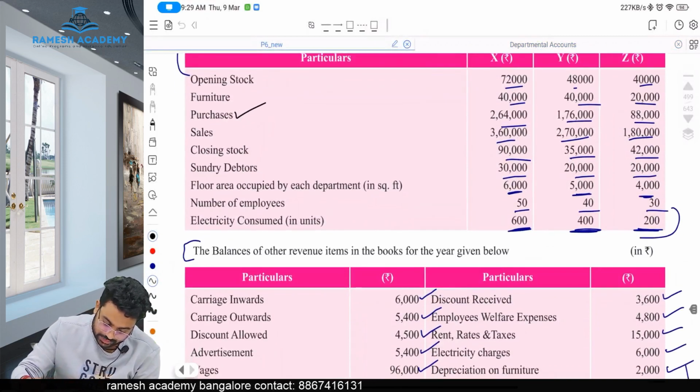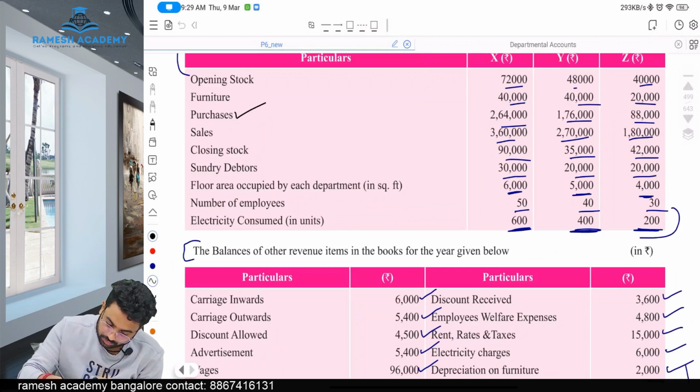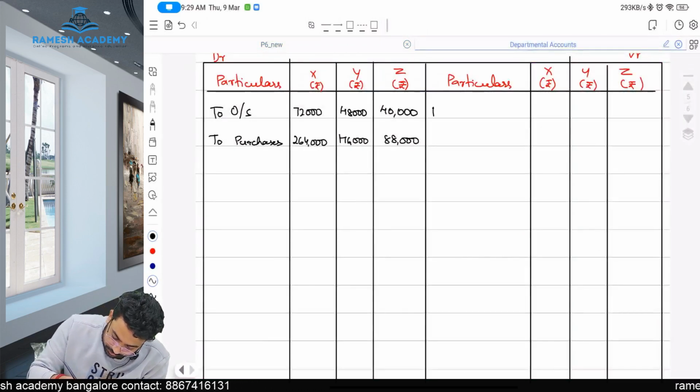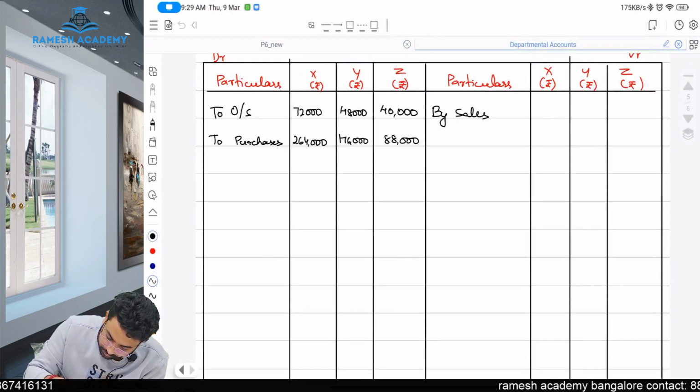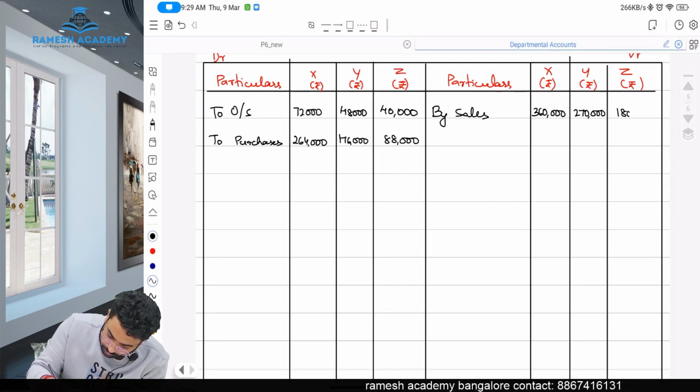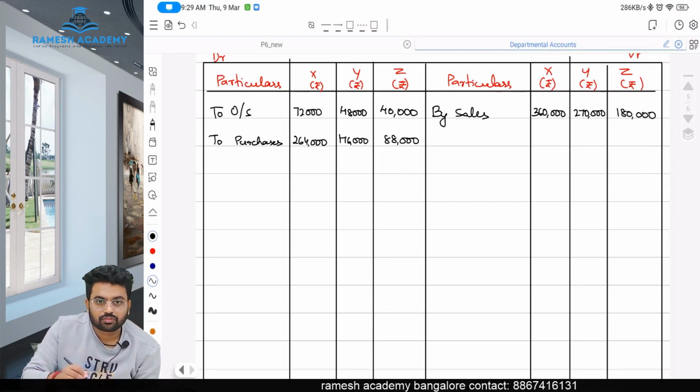Next, there are sales. By sales 360,000, 270,000, 180,000.